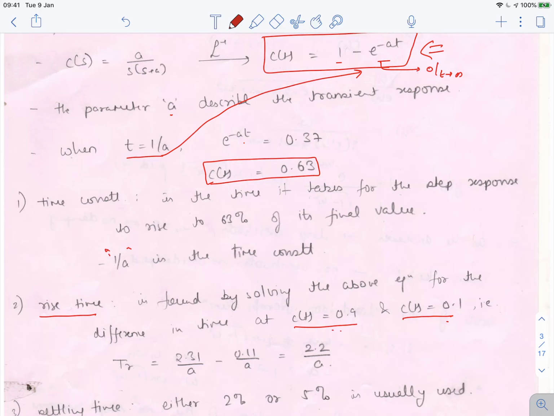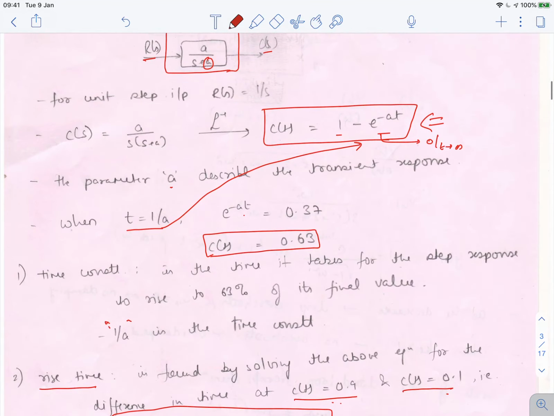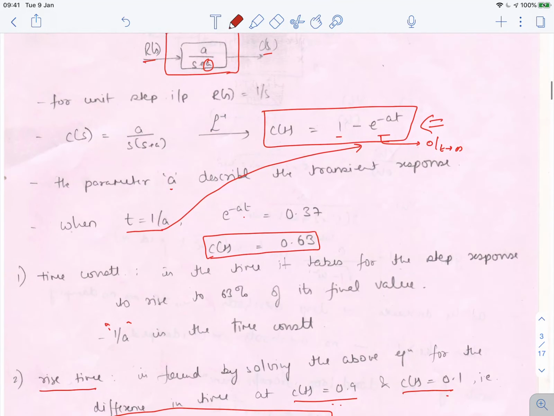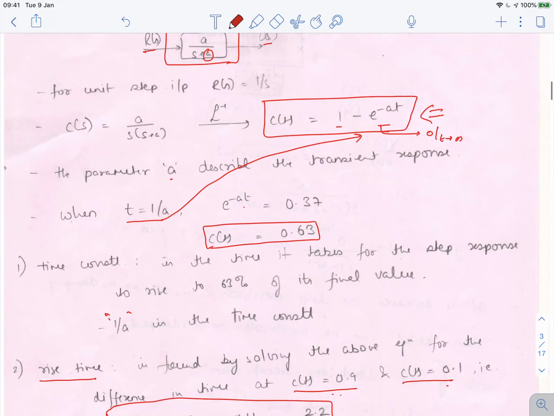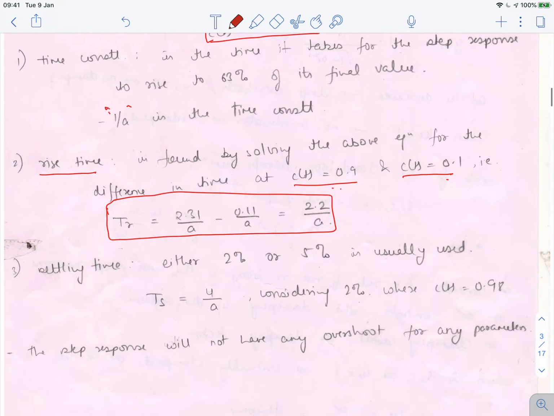So computing the rise time, we see there is a relationship between the rise time and again the pole of the system, which is tr equal to 2.2 by a. So having the knowledge of the pole of the closed loop system, you can determine the time constant, you can determine the rise time, and you can also determine the settling time.